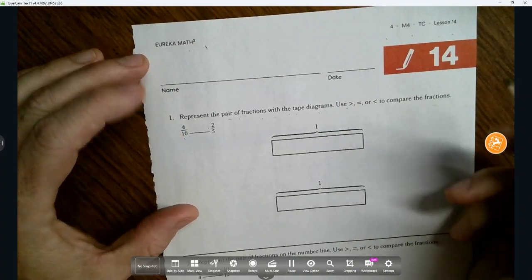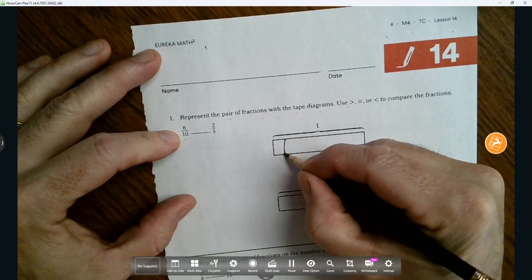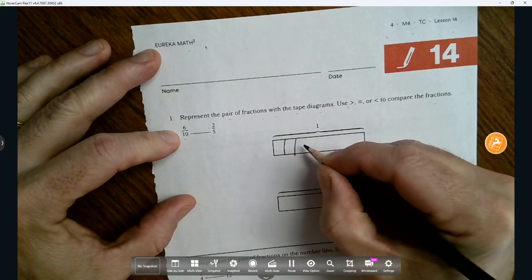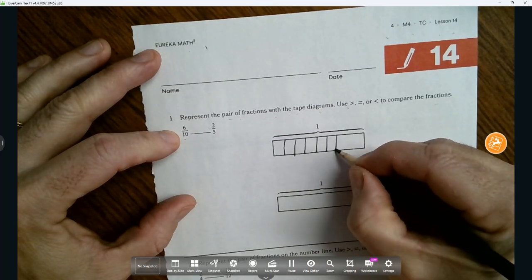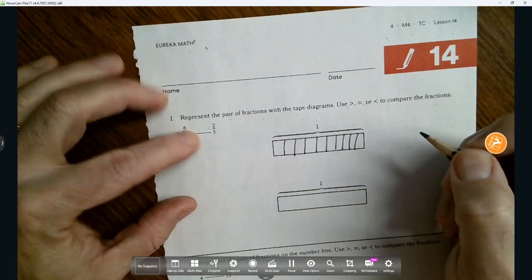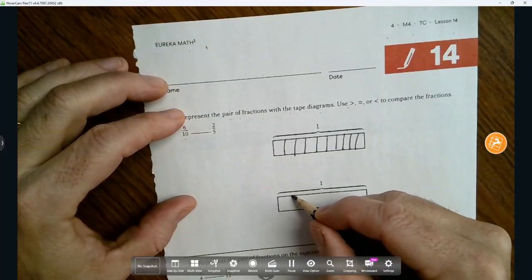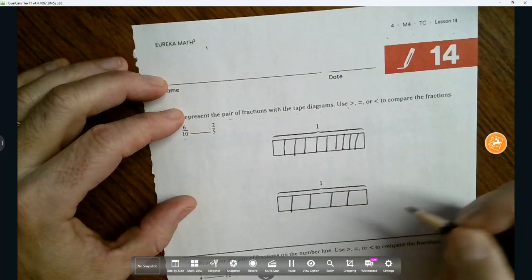All right, so we can do either one first. Let's do the 10. So we need 10 places. 1, 2, 3, 4, 5, 6, 7, 8, 9, 10. And now we need 5 places. 1, 2, 3, 4, 5.